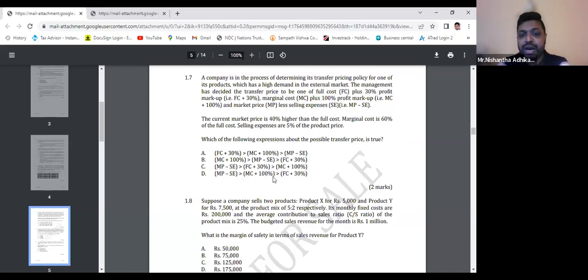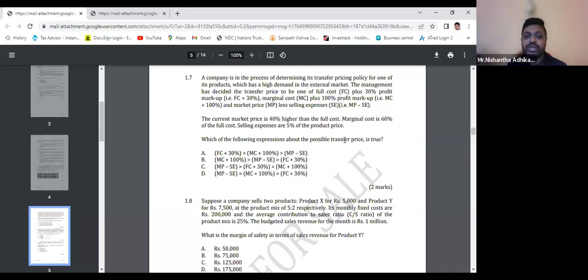Assume your market price is 100, right? Then full cost is 60, and marginal cost is 60% of the full cost, that means it will be 36. Got my point? Now assume the current market price is 40% higher than the full cost. If full cost is 100, selling price will be 140.